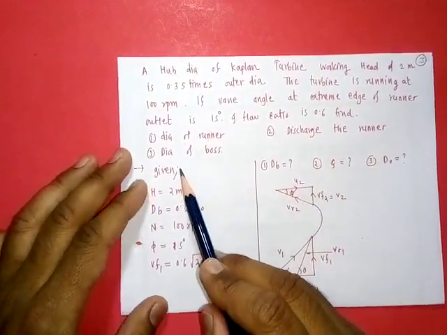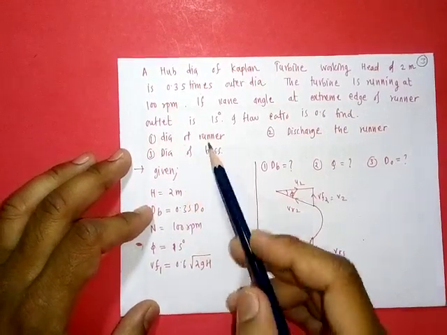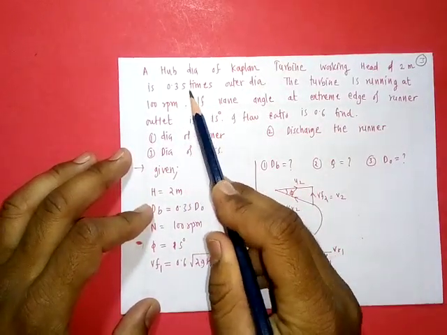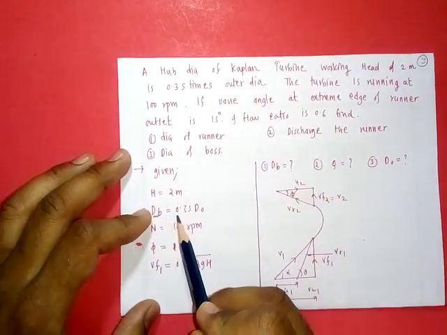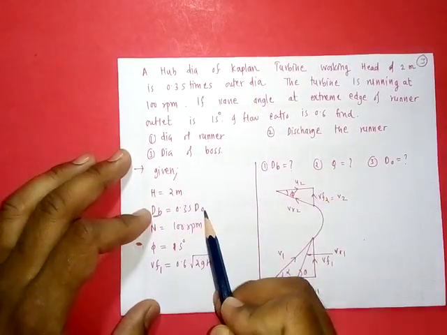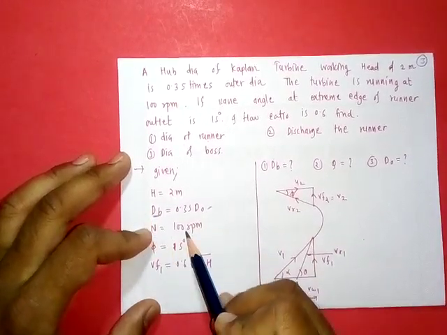So given first is head 2 meter, then the relation is diameter of boss is 0.35 times the outer diameter, that means dB is equal to 0.35 times of do. Okay, this is the relation given. Speed is given 100 rpm.